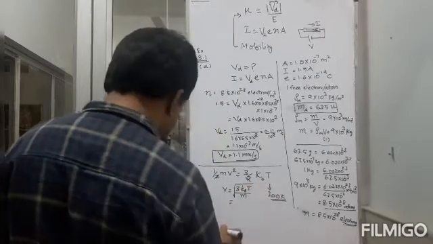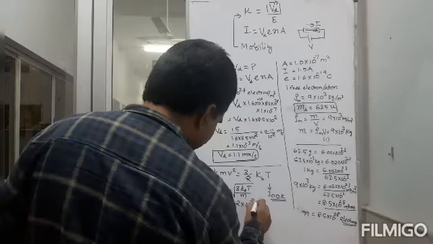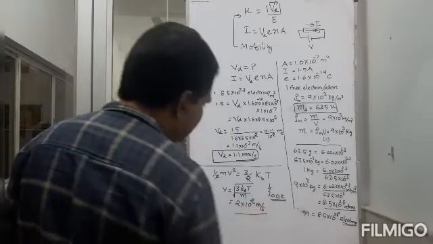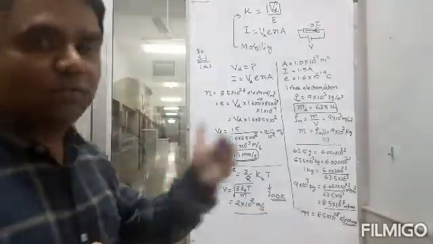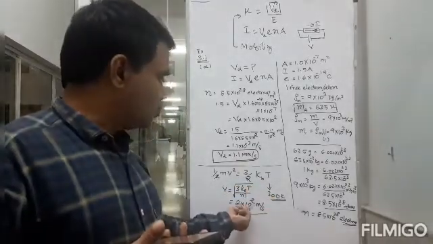If you plug in the numbers, you get 2 × 10² meters per second. So the speed of electrons at room temperature is about 200 meters per second.